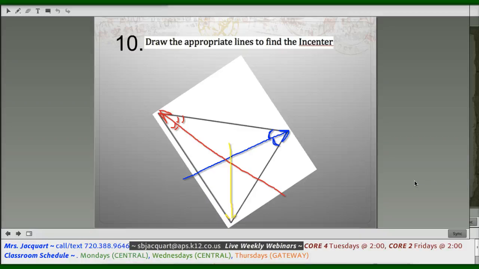Oh, I missed it. Okay. Didn't show up. Let's do it again. There it is. So this is my in-center.